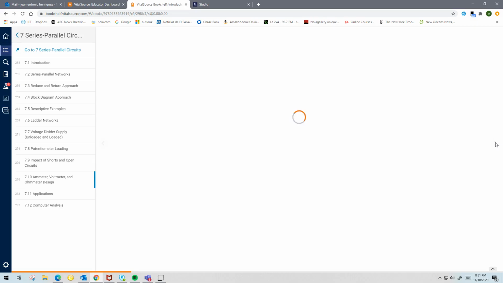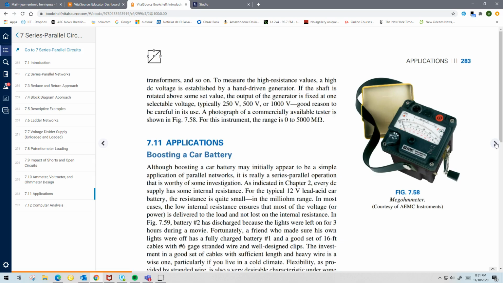The next chapter is going to really introduce new techniques, still based on what you should already know. It's still based on Ohm's law, KCL, KVL, and so forth. But it's going to introduce some techniques that can be used to handle more complicated circuits. As you notice here, the more we get into these chapters, the more complicated the circuits get.